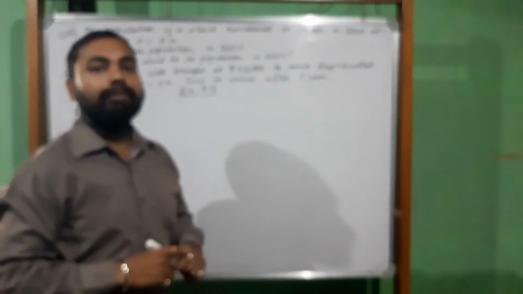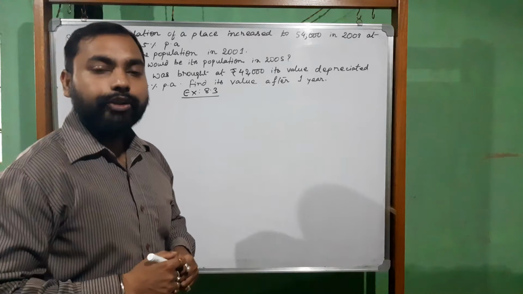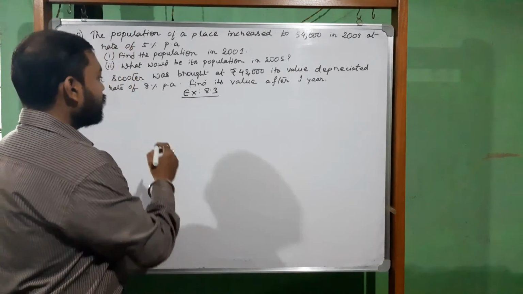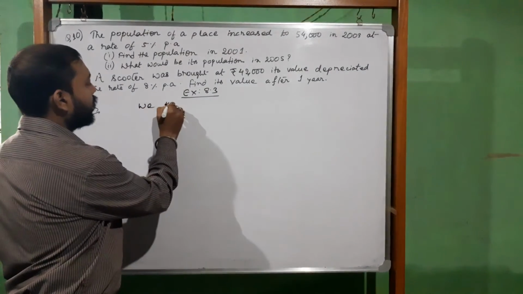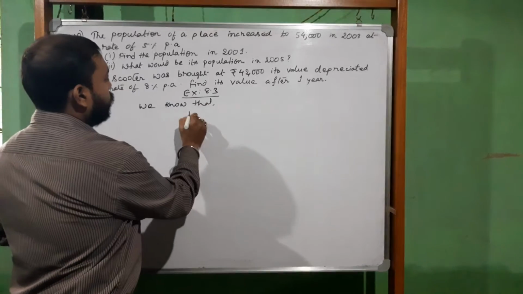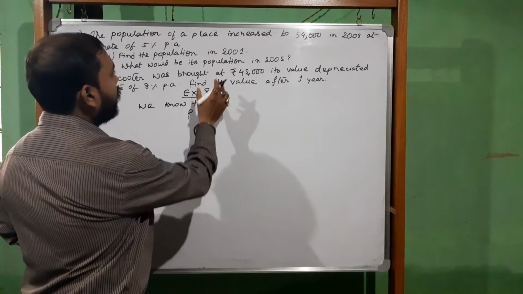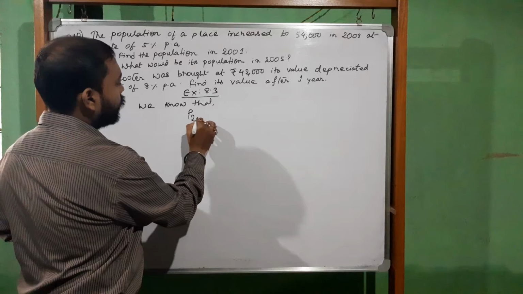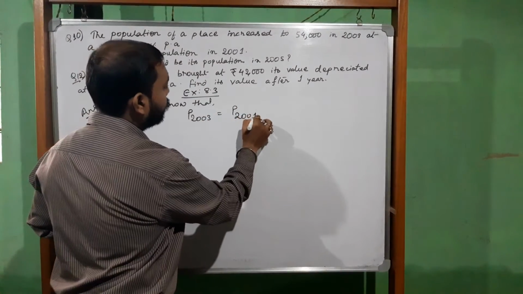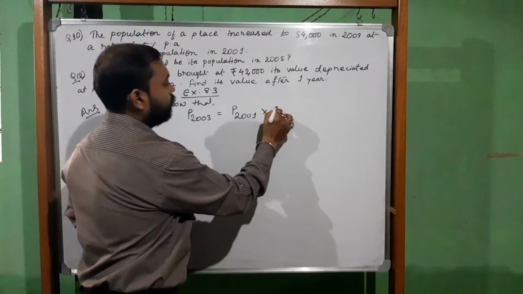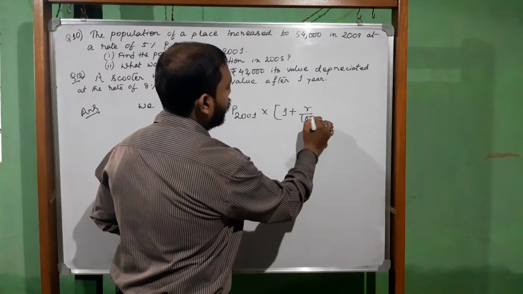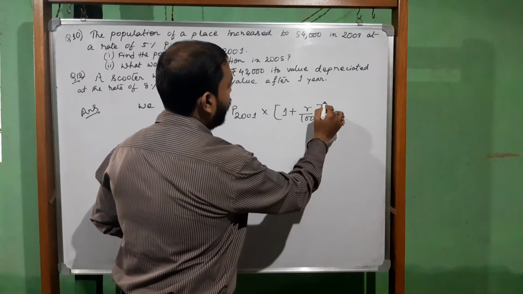As we are familiar with the formula, amount is equal to P into 1 plus R by 100 to the power n. So let us write the formula in this way. We know that population 2003 is equal to population 2001 into 1 plus R by 100 to the power n.